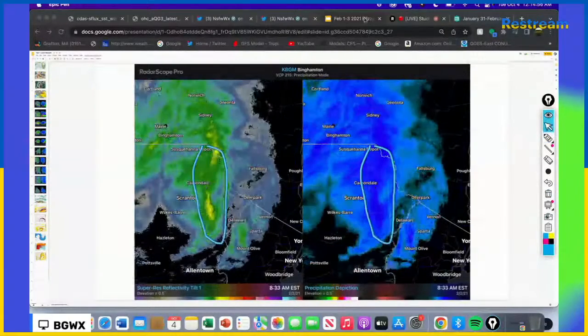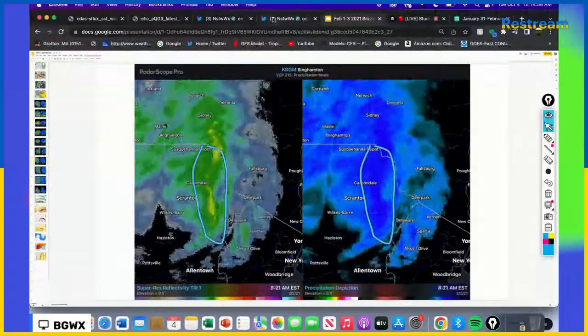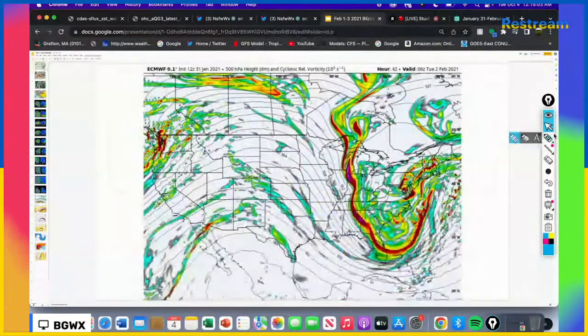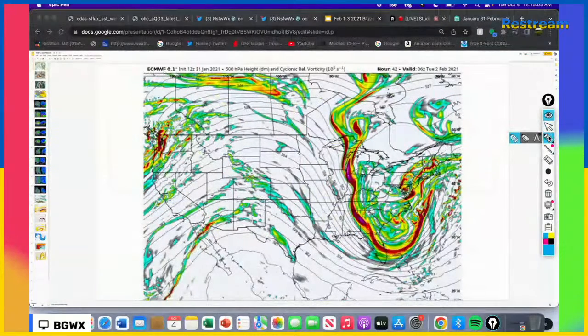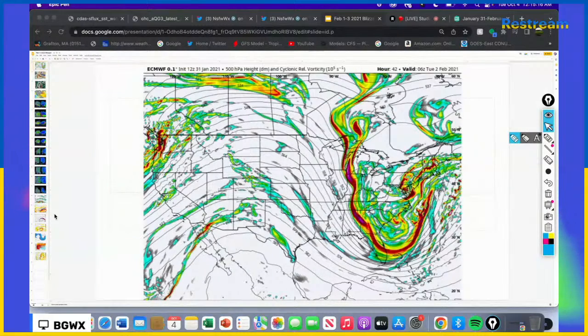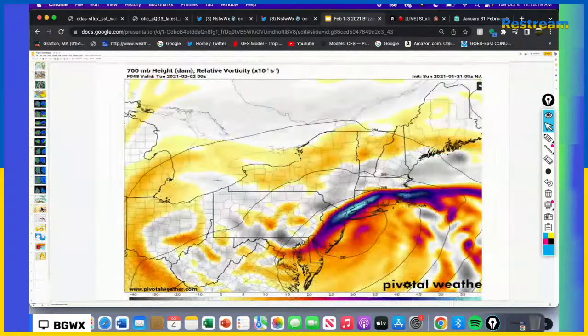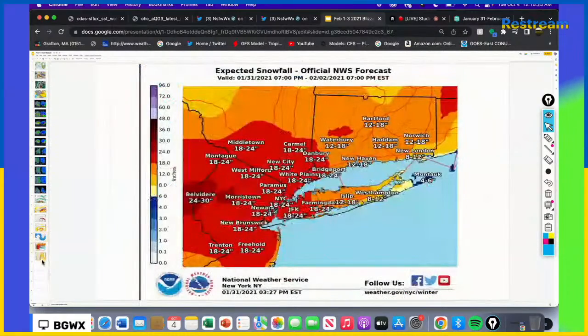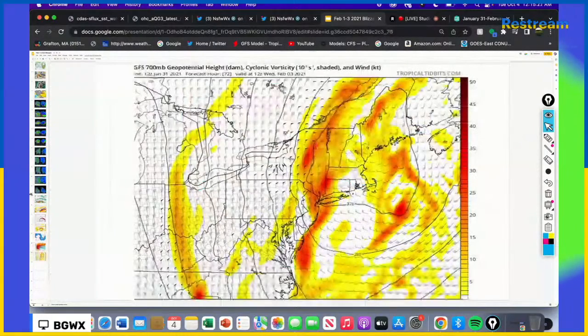There was a really good cold. I should have talked about that in the beginning. But we had cold air working. We didn't have a big time high pressure, I think. No crazy high pressure.